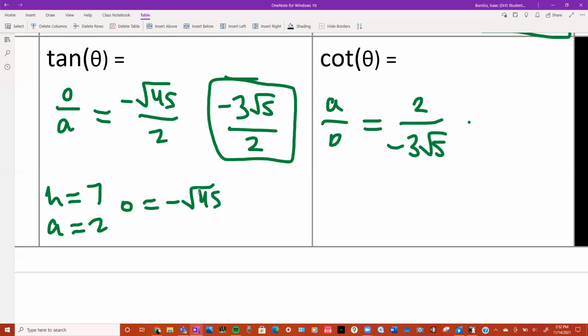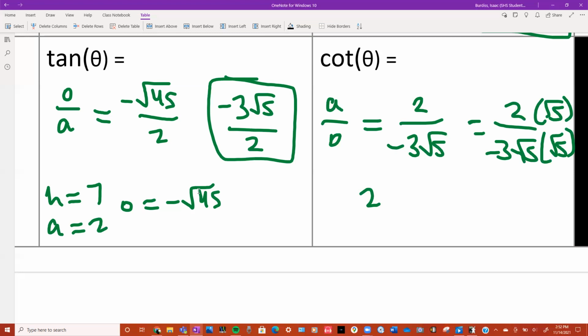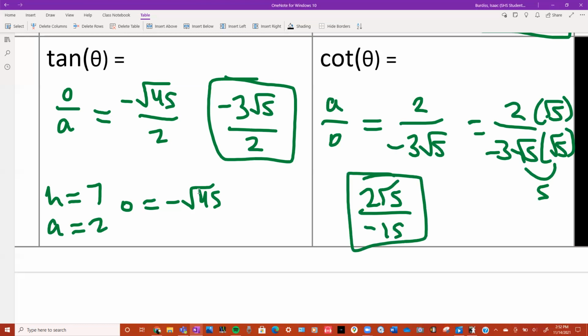So we will multiply top and bottom by square root of 5. This is what I was saying we could have done for the cosecant. So that gives us 2 root 5 over, this becomes 5. So negative 3 times 5 is negative 15, and that is the most simplified we can have it.